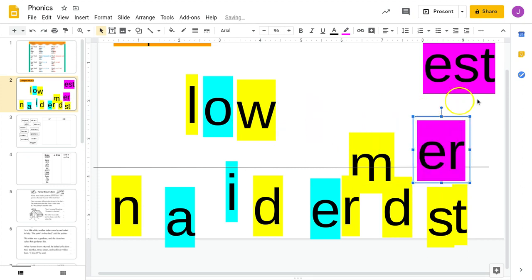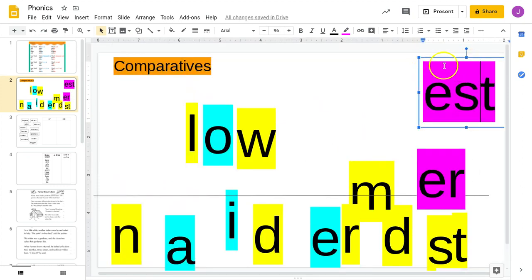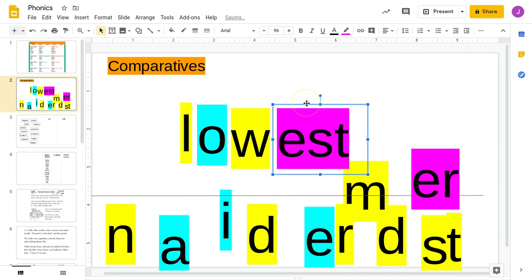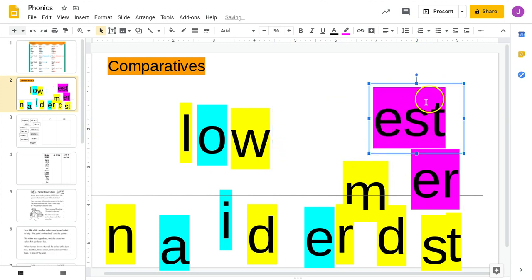Same with est. So if we wanted to make low to lowest, we don't have to do anything. We can just add it because the vowel is long sounding. Now, I should have explained that when we were doing mad.